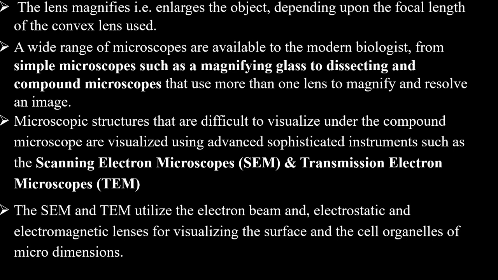Microscopic structures that are difficult to visualize under a compound microscope are visualized using advanced sophisticated instruments such as the scanning electron microscope (SEM) and transmission electron microscope, that is TEM. The SEM and TEM utilize the electron beam and electrostatic and electromagnetic lenses for visualizing the surface and cell organelles of micro dimensions.